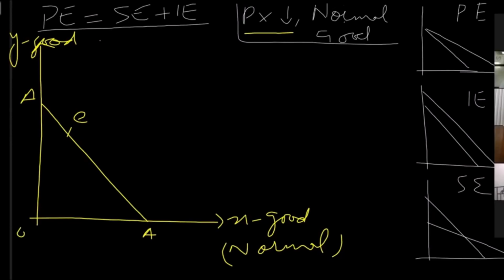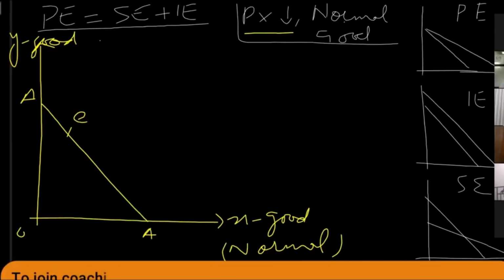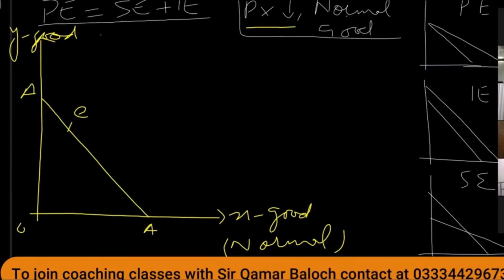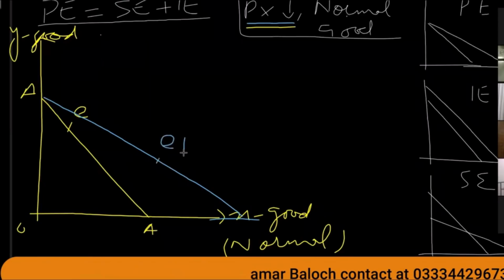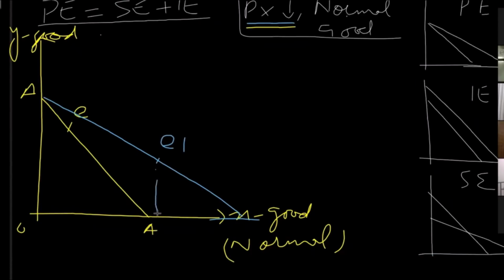So we have initial budget line AA, and we suppose that the initial equilibrium is taking place at point E. And now if we suppose that there is a fall in price of X, then the budget line will shift like this, and we suppose that the new equilibrium will take place at E1, where the consumer will purchase now a greater quantity of X good.